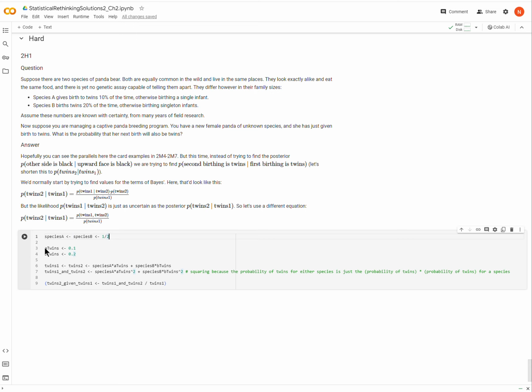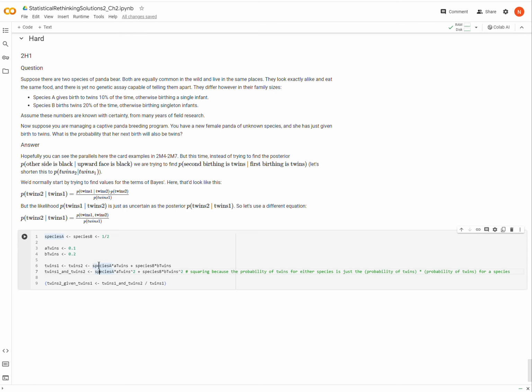If we have species A, they have twins 10% of the time. If we have species B, they have twins 20% of the time. So that means that I can find the probability of the first birthing being twins, and that's going to be equal to the second birthing being twins.